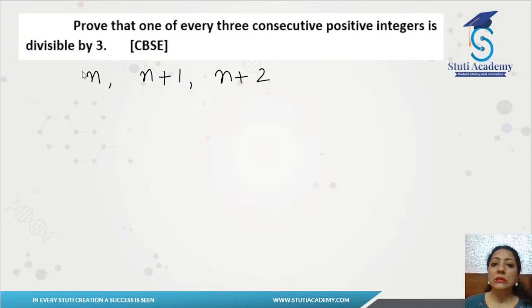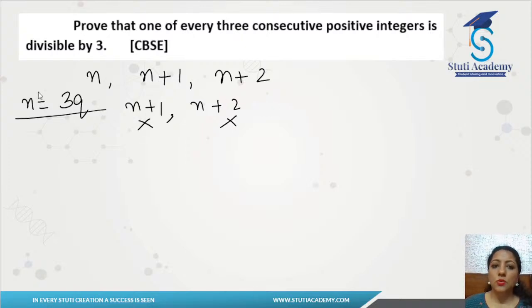Now if I take 3 consecutive positive integers as n, n plus 1 and n plus 2. Let us say that n is equal to 3q, that means n is divisible by 3, then n plus 1 and n plus 2 will not be divisible by 3.